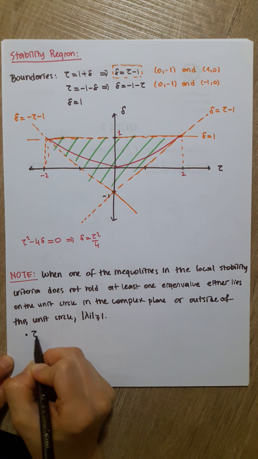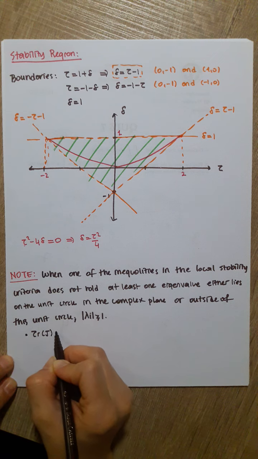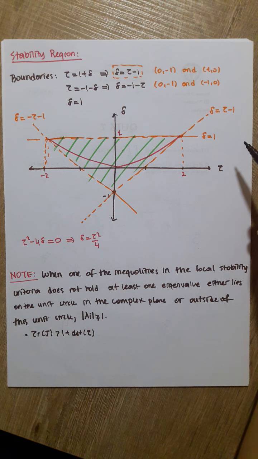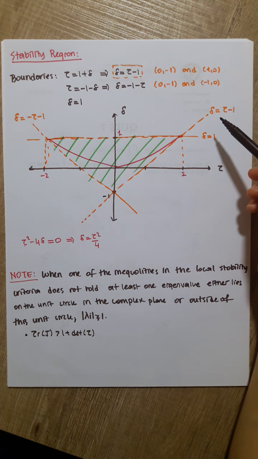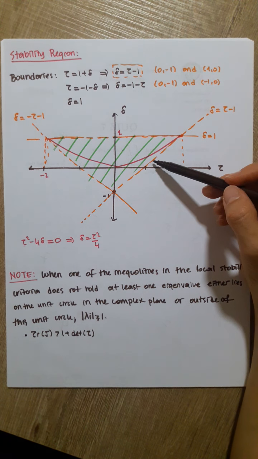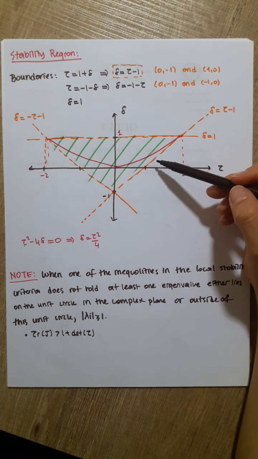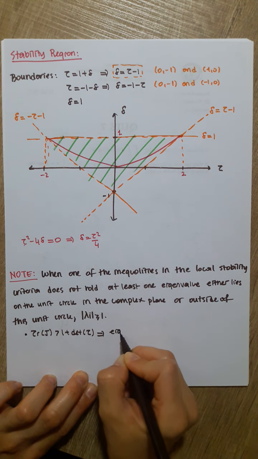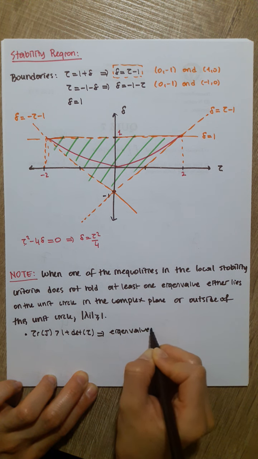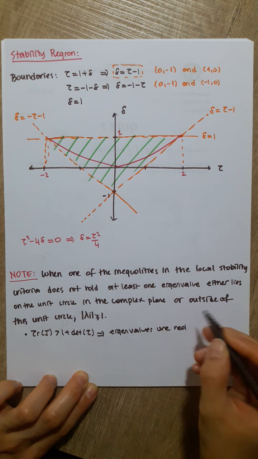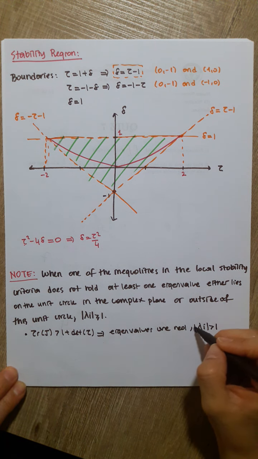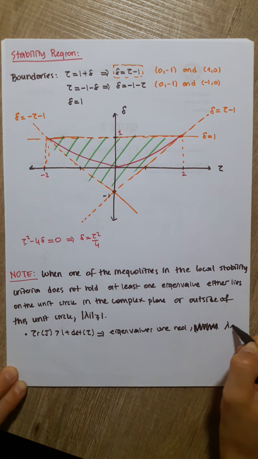And we can summarize it like that. If the trace is greater than 1 plus the determinant, that is, tau is greater than 1 plus delta, below that line, then eigenvalues are real, but the magnitude of lambda 1 is greater than 1.